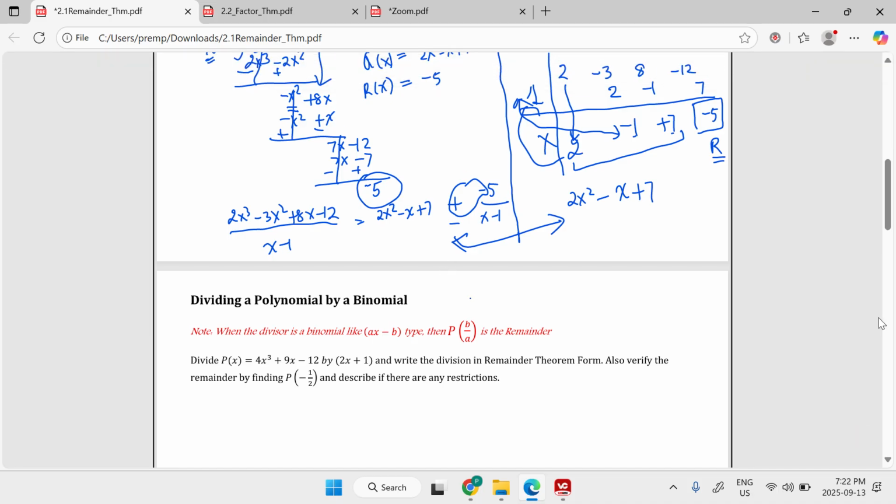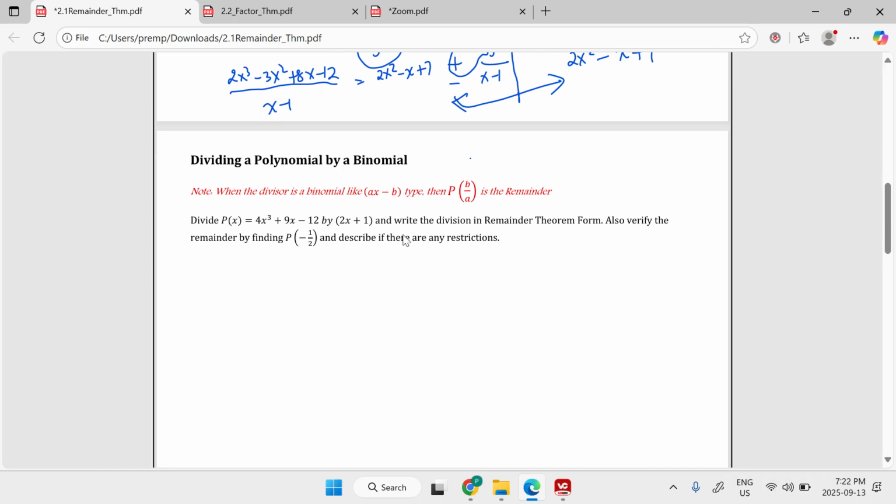Now we are moving forward, and we will see that if the binomial, whatever binomial you have here, is a factor, then that means the remainder should be 0. So divide this and write that division in remainder theorem form. Also verify if there are any restrictions. So you have to work on that part also.